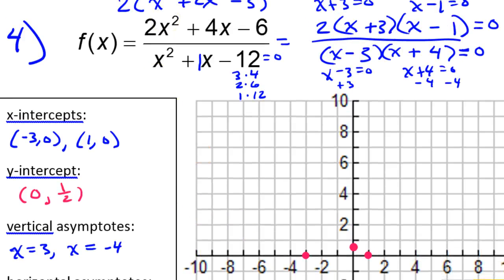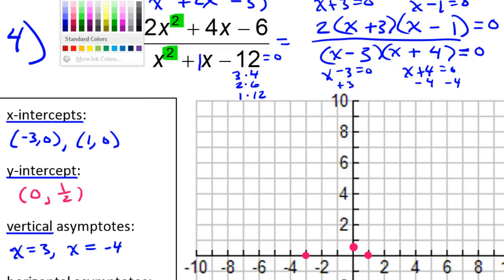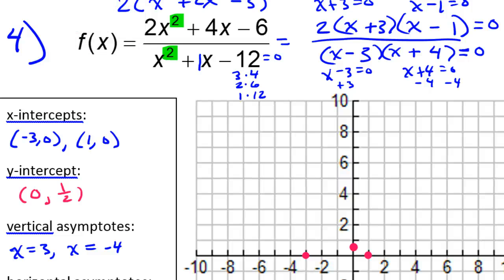So, what's the situation that we're in? Well, looking at the numerator, the degree is 2. The degree of the denominator is also 2. It's the highest power. So since the degrees are the same, we are going to divide the leading coefficients. Now, the leading coefficients are 2 and 1, the invisible 1 here.